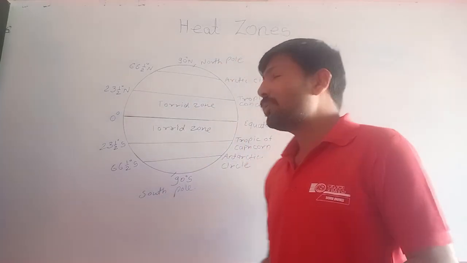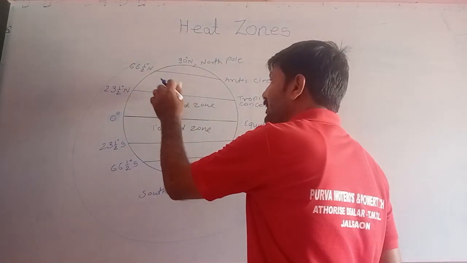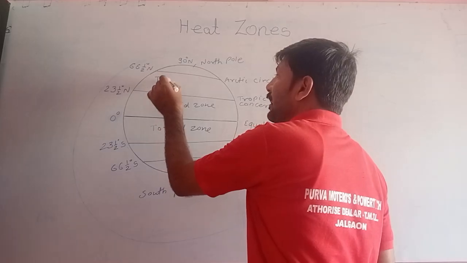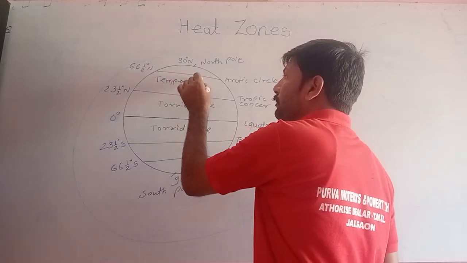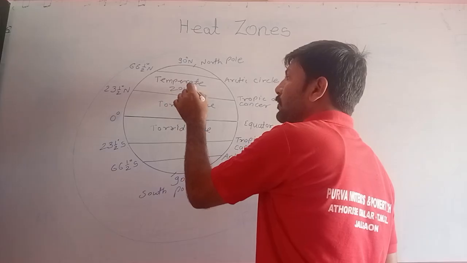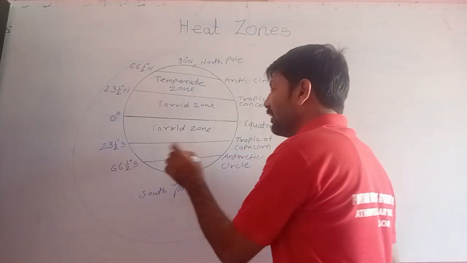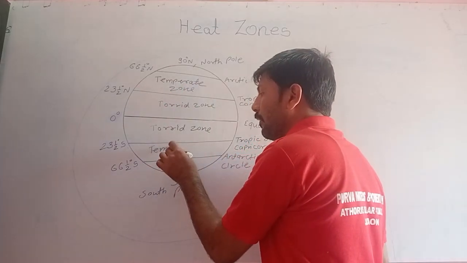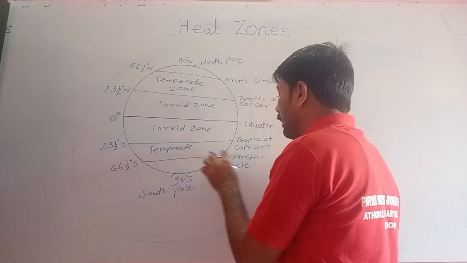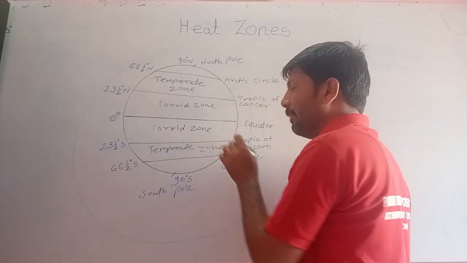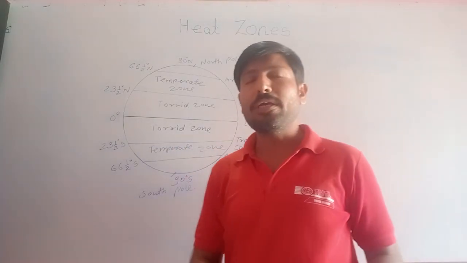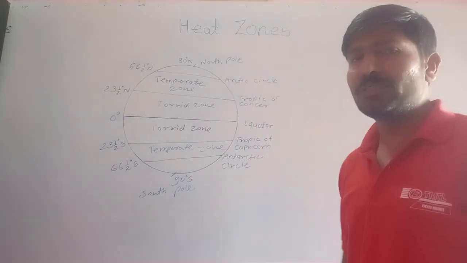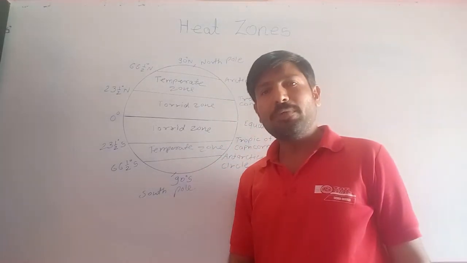That is why this region is known as the temperate zone. There is a temperate zone in the northern hemisphere as well as in the southern hemisphere. So what is the location of the temperate zone? Let us see the location of the temperate zone here.